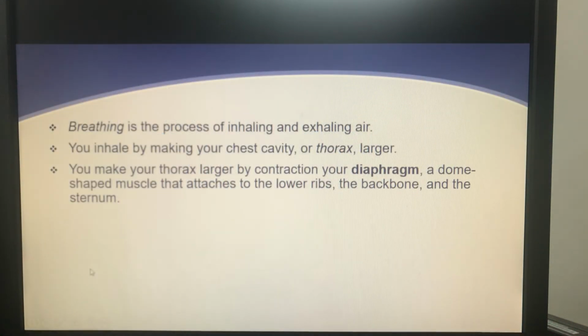Alright, so let's talk about breathing as a process of inhaling and exhaling air. You inhale by making your chest cavity larger, and so when you inhale, your chest goes up. You make your chest larger by contracting your diaphragm. That is a muscle, which we talked a little bit about previously in other chapters, that is underneath your lungs.